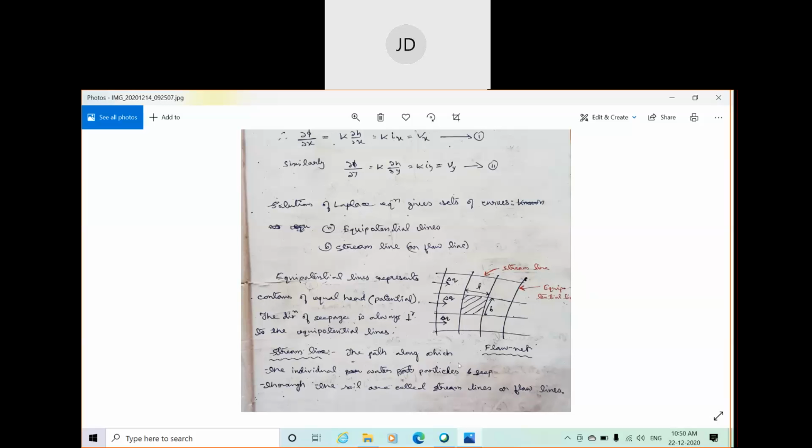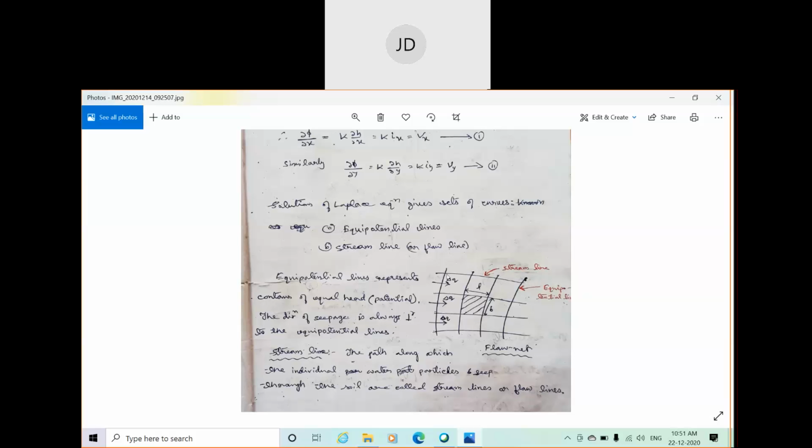Now make some intermediate lines, these two intermediate lines, in such a way that the head difference becomes constant in each zone. If you create these two lines, three zones are created, isn't it? The total head difference between this point and this point is say 9 meter.